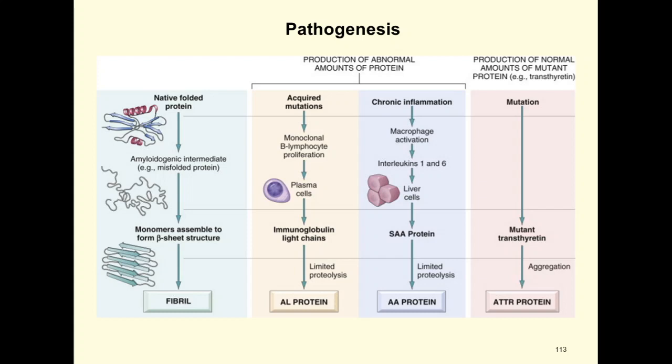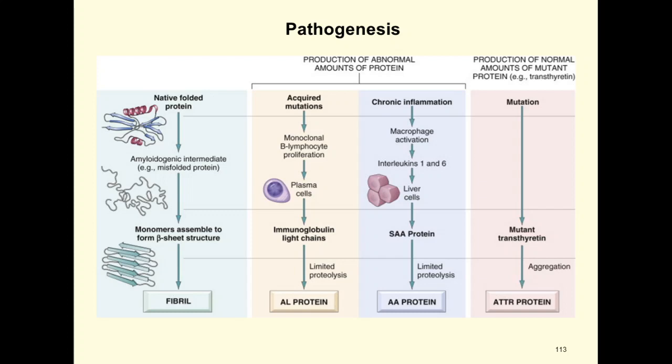Here the mechanism, one of the mechanisms according to our classification of mechanisms of accumulation, we can name abnormal synthesis, so synthesis of a substance that normally does not exist.